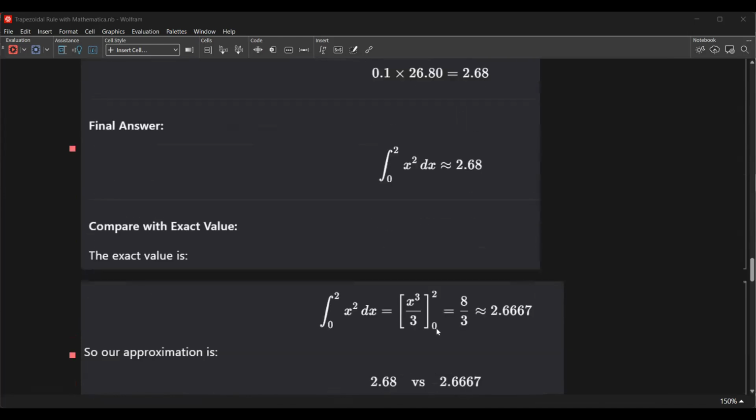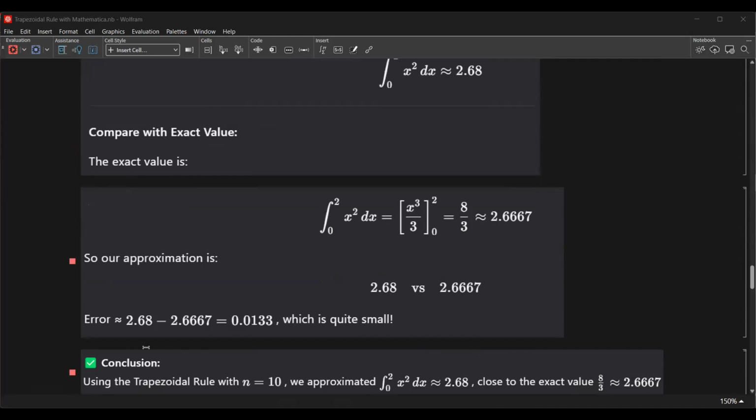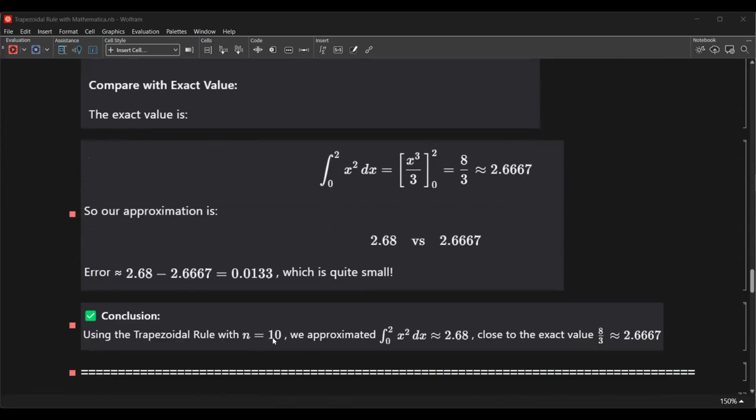Then the exact solution here is the integral of x squared, which is x cubed over 3 from 0 to 2. So that is equal to 8 over 3, equal to 2.667. So our approximation is 2.68 versus 2.667. So the error here is 2.68 minus 2.667. So that is 0.0133, which is quite small.